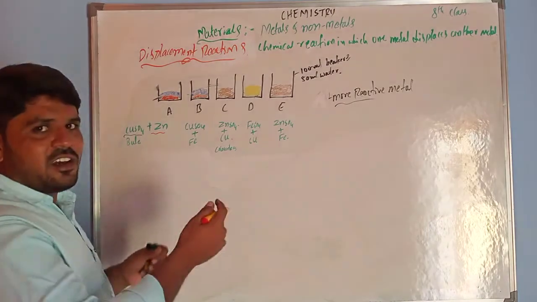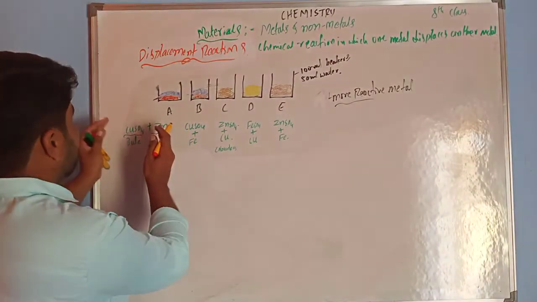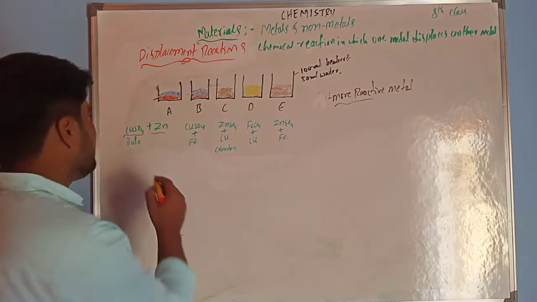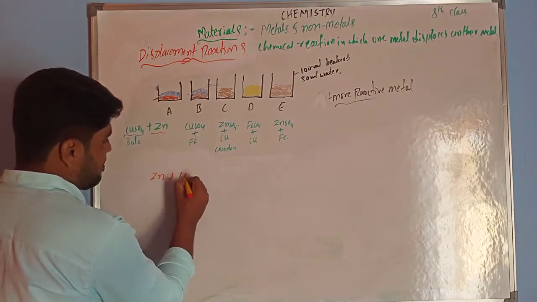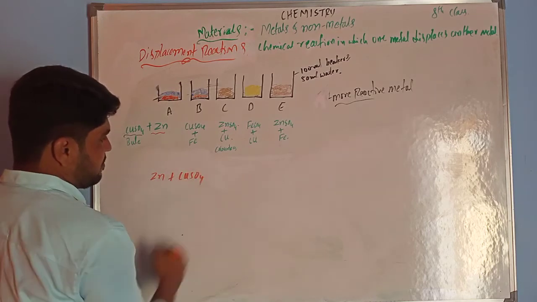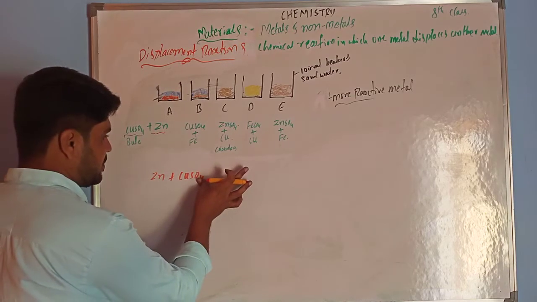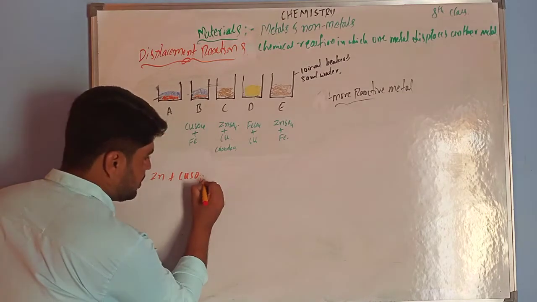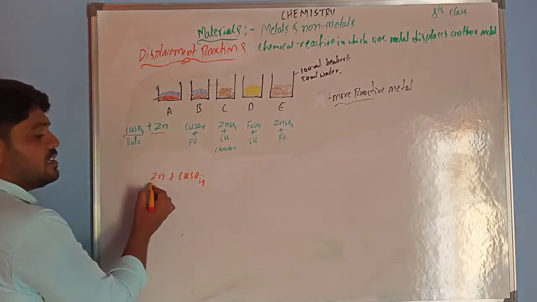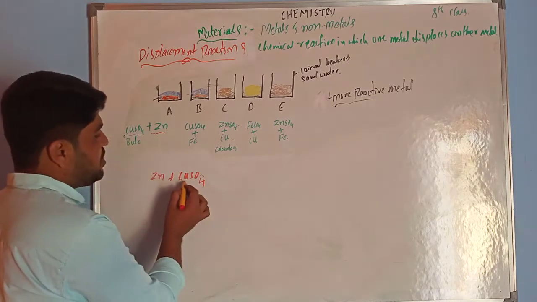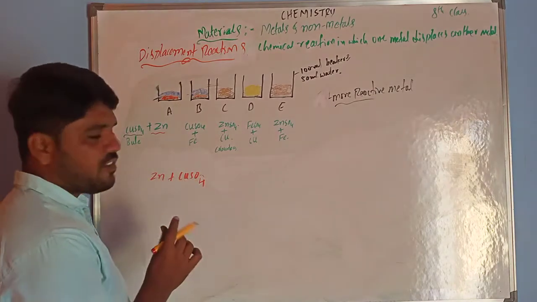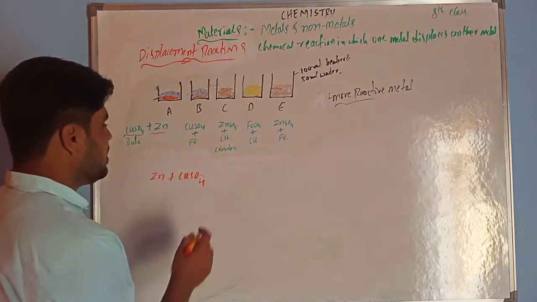Let's write the chemical reaction of beaker A. We have zinc, Zn, and copper sulfate, CuSO4.